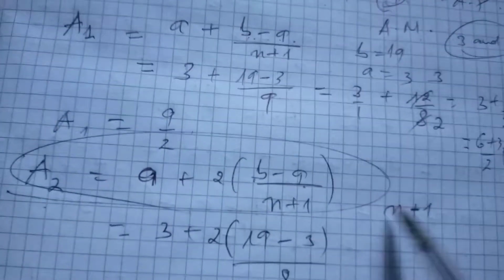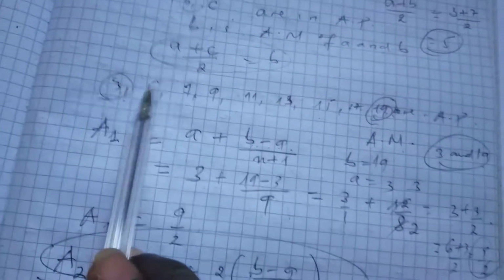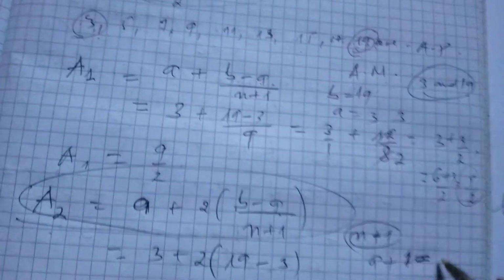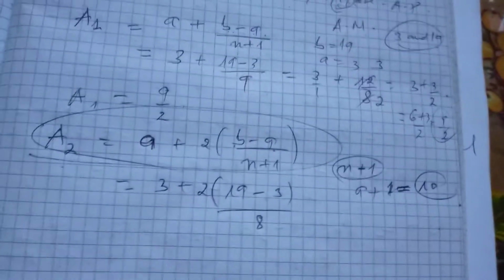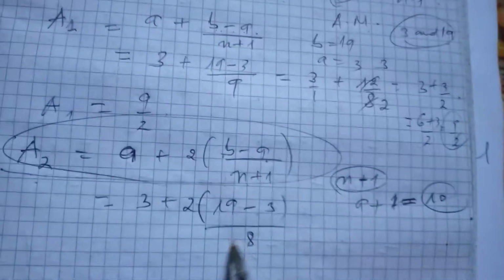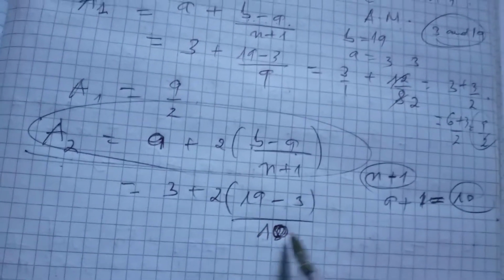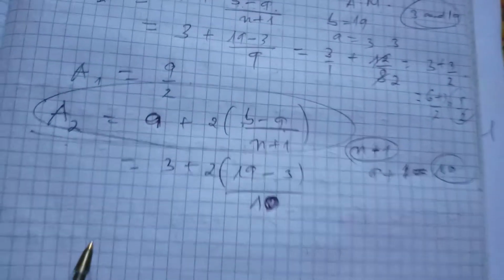The number of terms is 1, 2, 3, 4, 5, 6, 7, 8, 9; it is 9. Then you add 1, and it is equal to 10. So here you have to write number 10. Yes, it was a mistake, but don't worry, things are good.